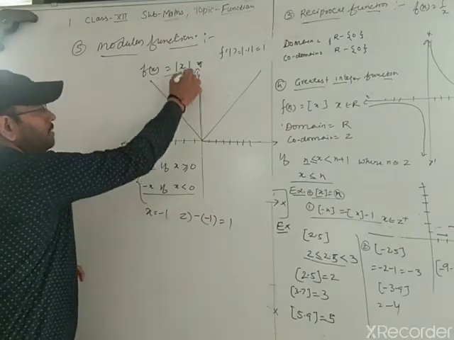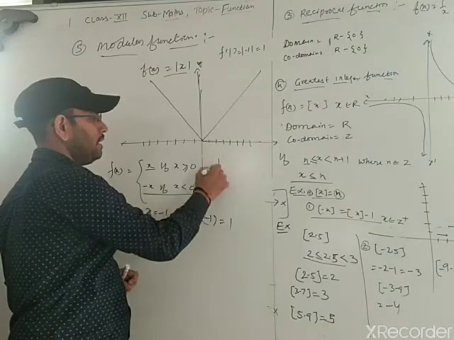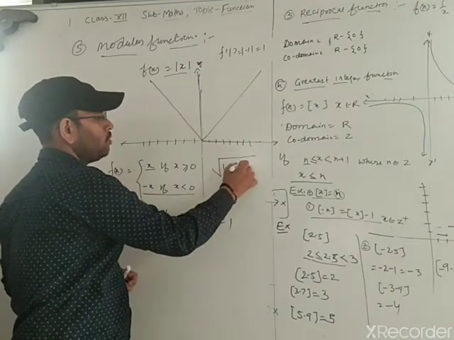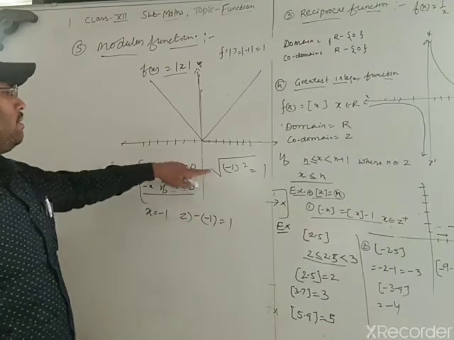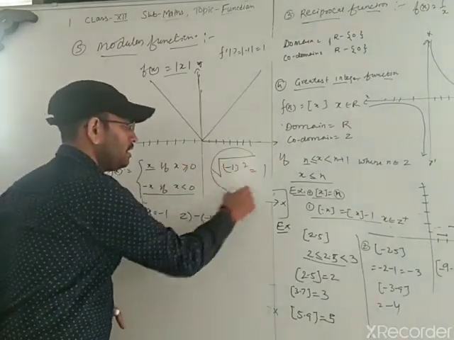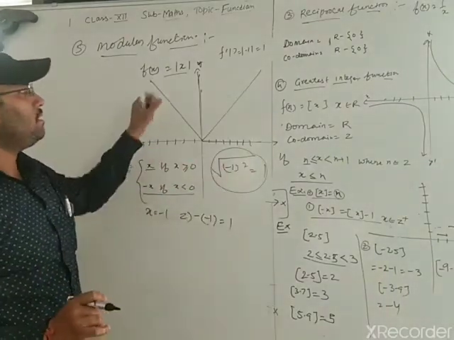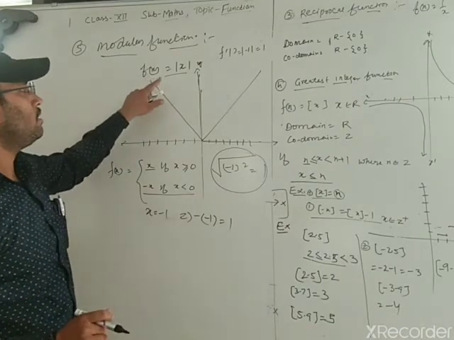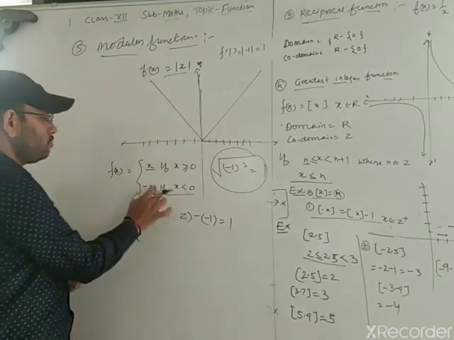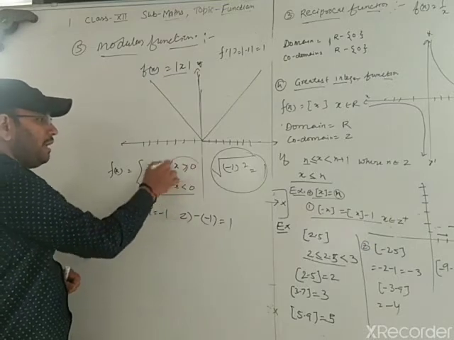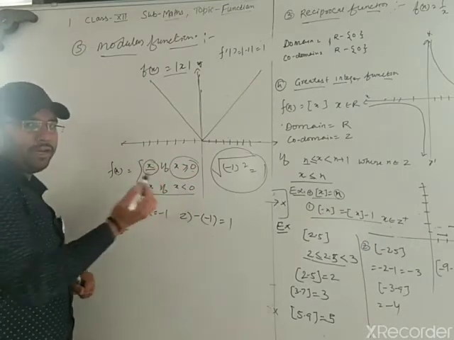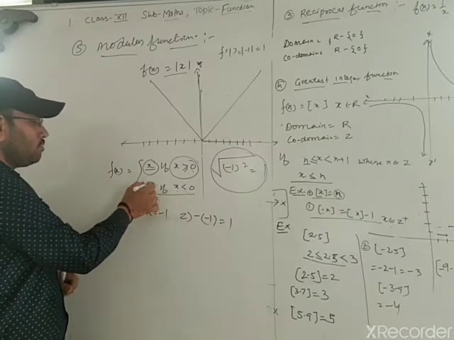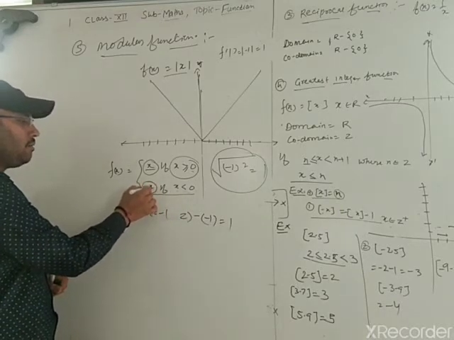In some books it is written like that: square root of minus 1 whole squared is equal to 1. This is also correct, but that is the definition used elsewhere, not for modulus. So modulus can be understood this way: if the value of x is greater than 0, we take x as it is, and if the value of x is less than 0, we take minus x.